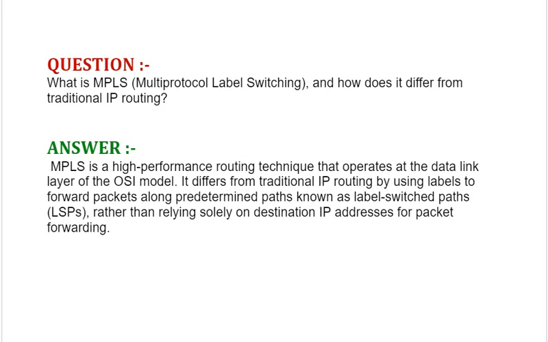It differs from traditional IP routing by using labels to forward packets along predetermined paths known as label switched paths (LSPs) rather than relying solely on destination IP addresses for packet forwarding.